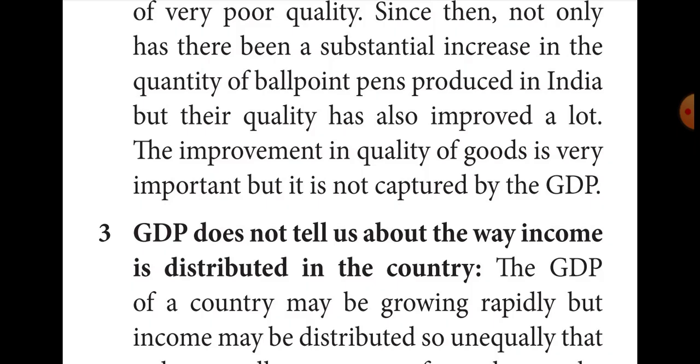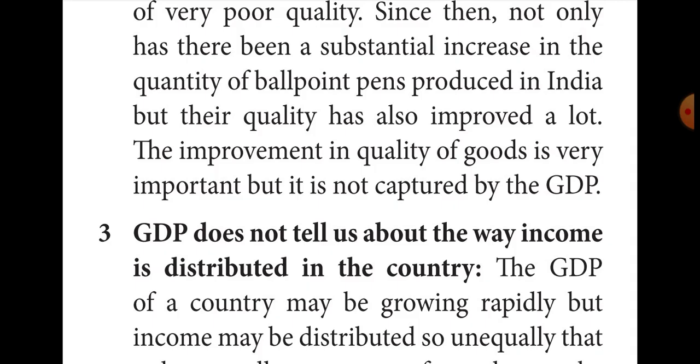There may also be an undemocratic political system, which causes some political problems in a country, and also high pollution. These are some of the problems. All these things are not told to us by the GDP, and because of them poverty will occur in a country.